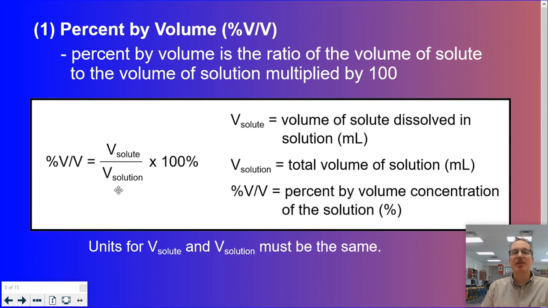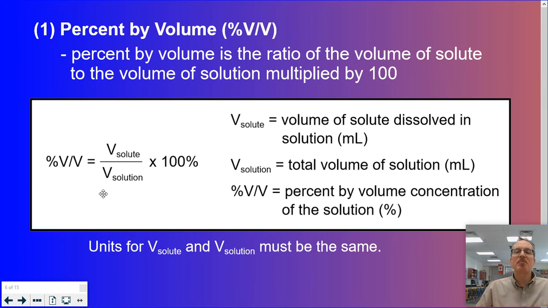And because this formula is percent by volume, we also have to remember when we're done to multiply it by 100%. Now, the key to this formula is whatever we measure our volumes in, as long as it's the same unit, it does not matter what the unit is. So milliliters, milliliters, liters, liters, kiloliters, kiloliters, they're all the same.